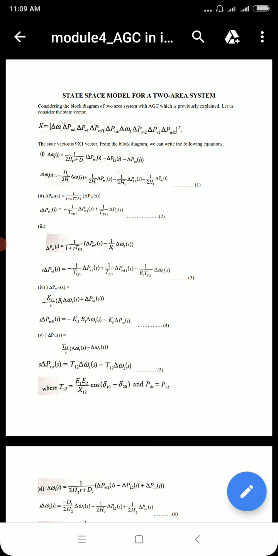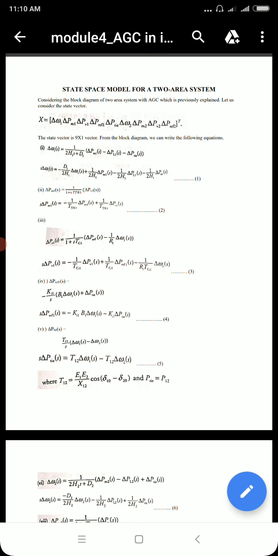Same thing for the second one: delta Pm1 of s is equal to 1 over (1 plus s Tt1) into delta Pv1 of s. Here also the denominators on the LHS and RHS are multiplied and the equation simplified; that is equation 2. Same for 3: delta Pv1 of s is 1 over (1 plus s Tg1) into delta P reference of s minus 1 over R1 into delta omega 1 of s.